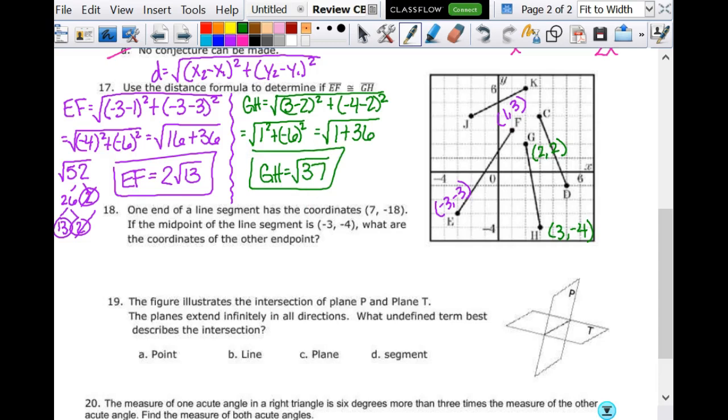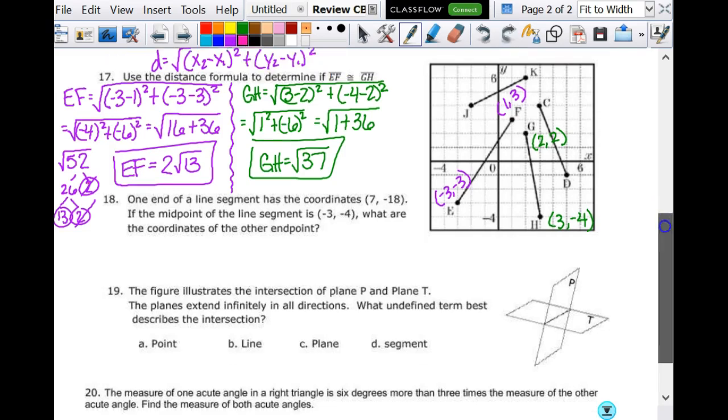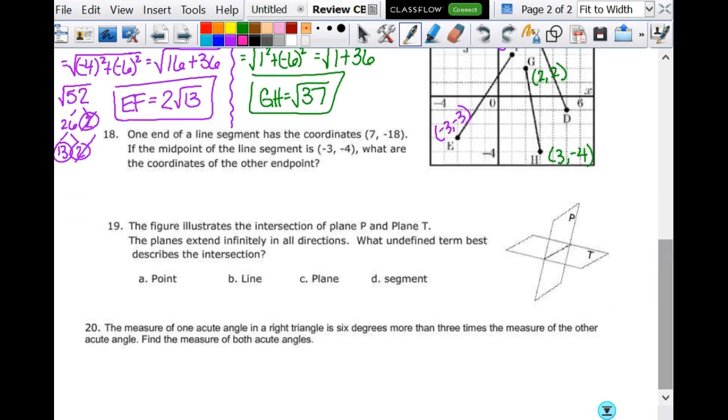All right, 18. One end of a line segment has the coordinates of 7, negative 18. If the midpoint of the line segment is negative 3, negative 4, then what are the coordinates of the other endpoint? Okay, so to make myself a quick little graph here, I said that one endpoint is at 7, negative 18. I'll make it right there.